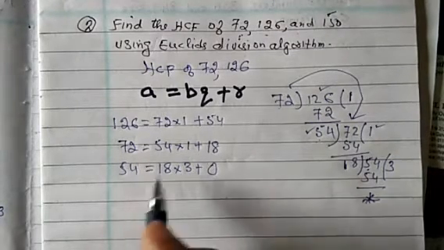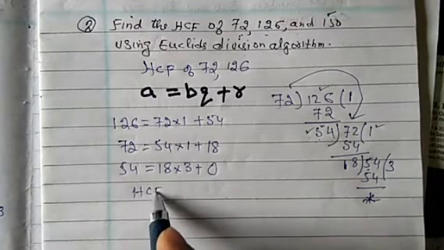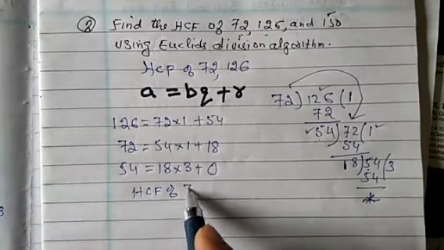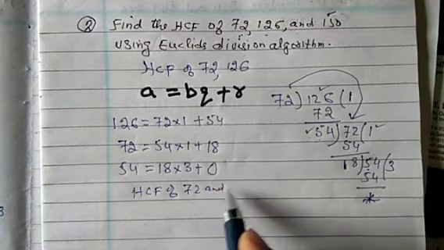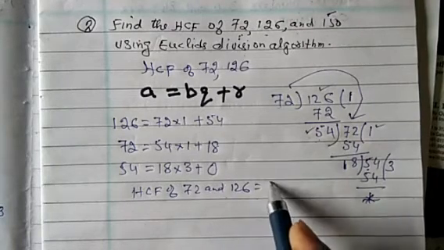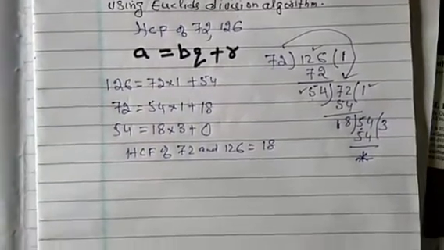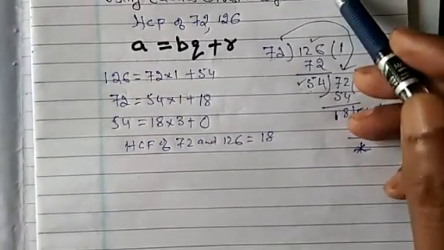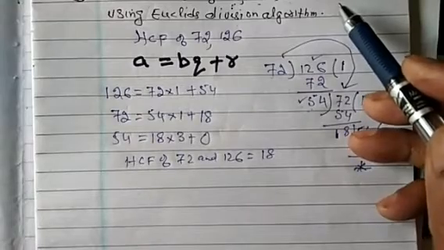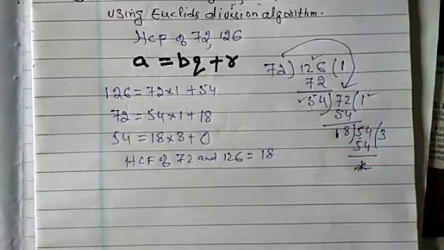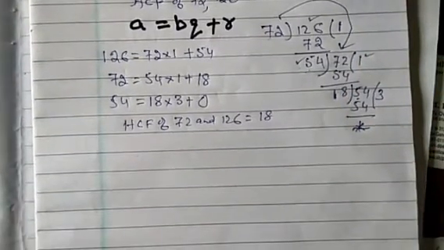So the SCF of these two numbers, 72 and 126, I got is 18. So guys, here there are 3 numbers. I told you, one number 150 is still left out. So it is not yet completed. You have to do it like this.